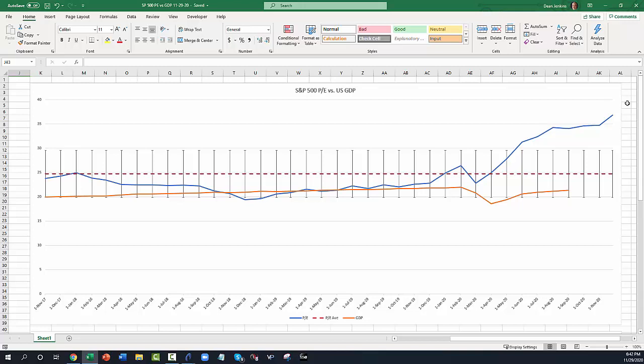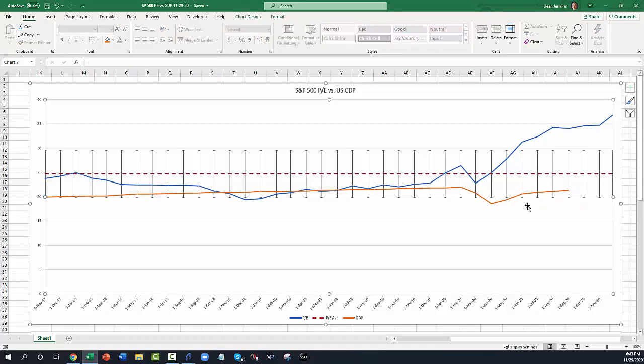So what I'm showing here is a chart of the S&P 500 price to earnings ratio, that's this blue line, versus U.S. GDP, gross domestic product, all economic output of the United States. This dashed red line is the average S&P 500 price to earnings ratio.